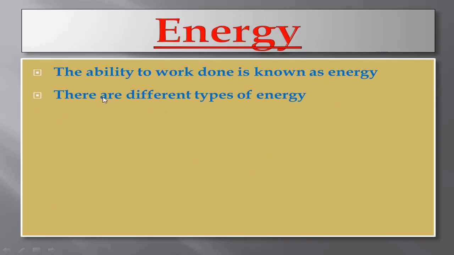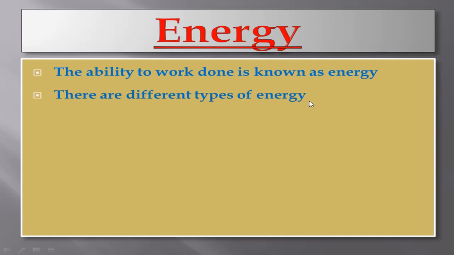And also there are different types of energy. Now we have learnt that the ability to do work is known as energy, and as the second point under this topic, there are different types of energy.